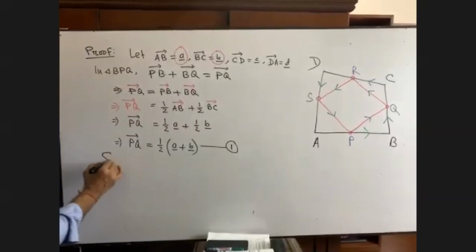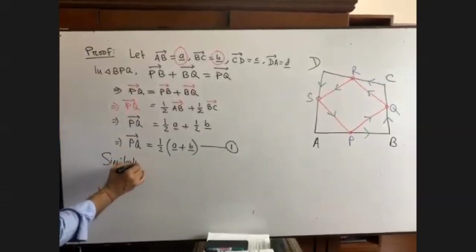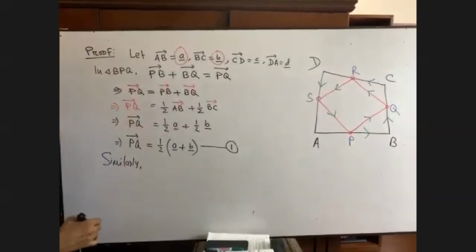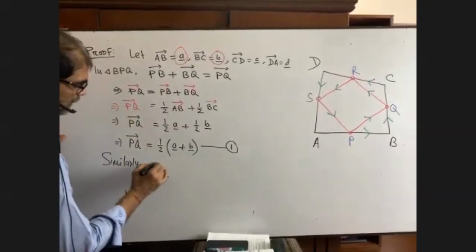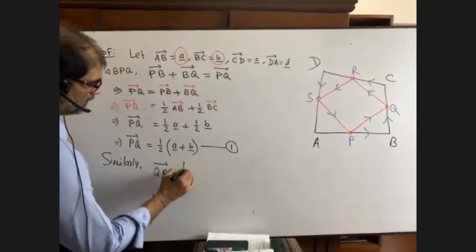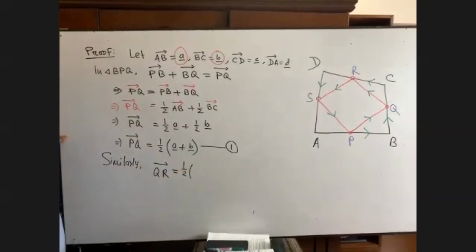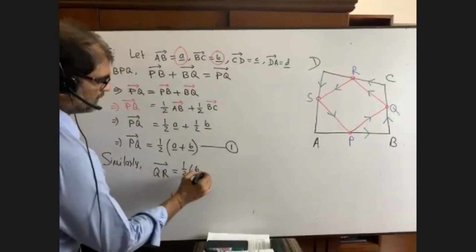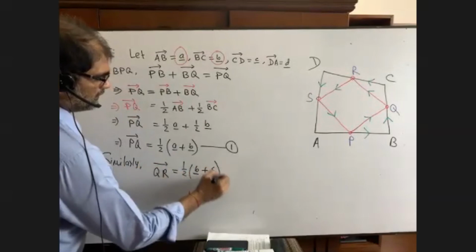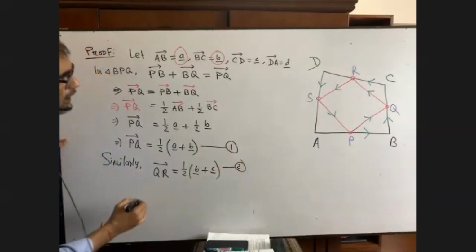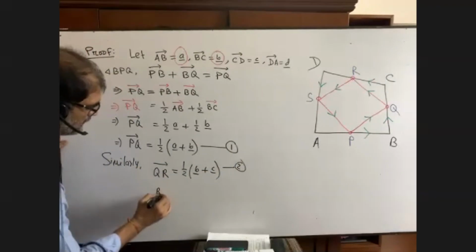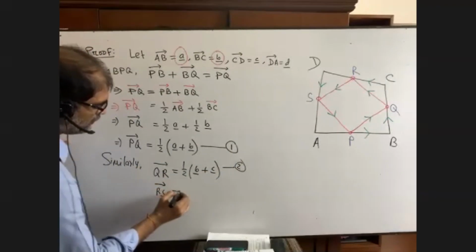Similarly, we can write QR. Tell me, QR equals to what? Half of Q and R, so B plus C. RS equal to what?